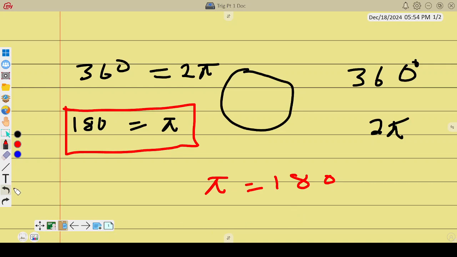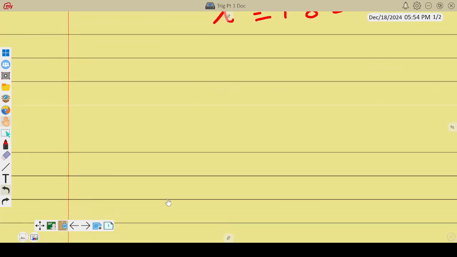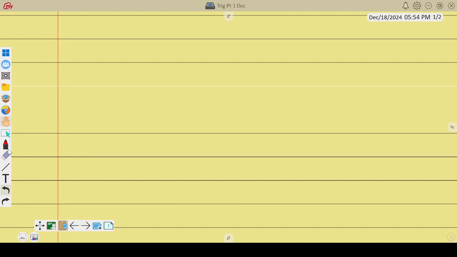So we don't have to suffer a lot. Straight away we go to an example. We'll start with a baby example. If we're told to convert 260 degrees to radians, what do you do?